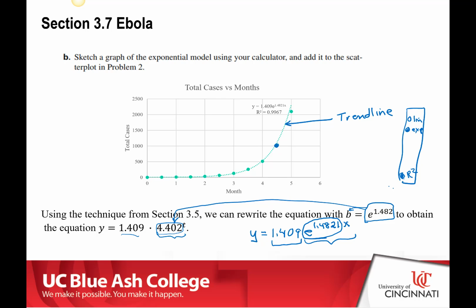You will have then a couple of different values. This typically is going to be the initial value, or how many you had at the start. Then you have here your growth factor. 4.402 is the growth factor.